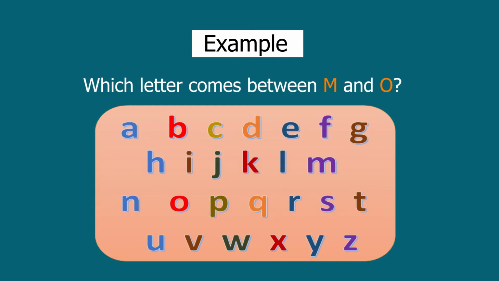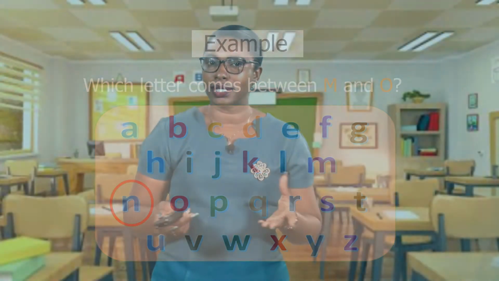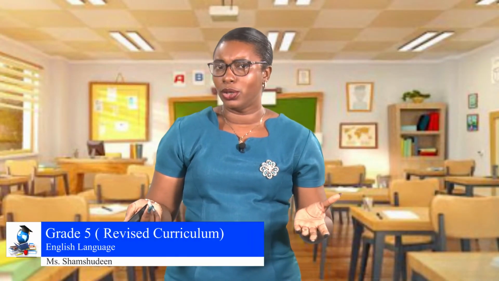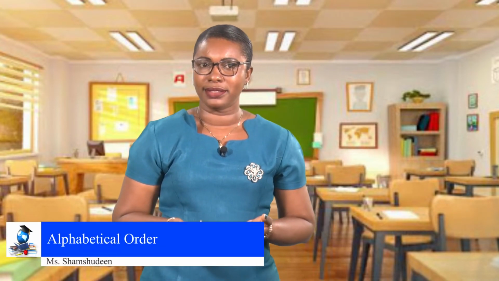Take a look again. And there it is. N comes between M and O. So you see, alphabetical order can be easy once you can remember the order in which your letters come in the alphabet.